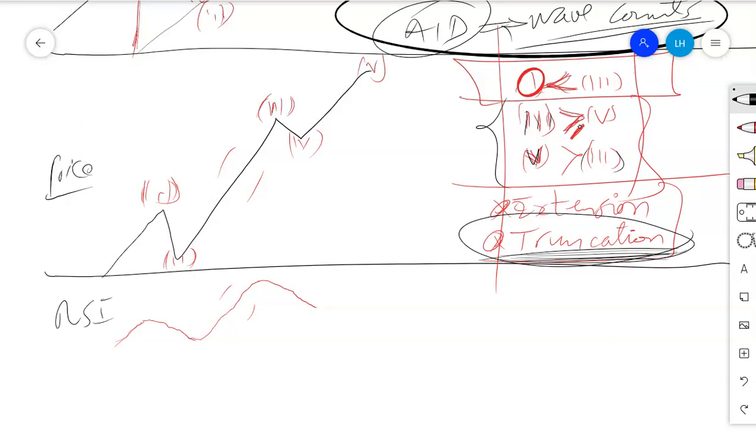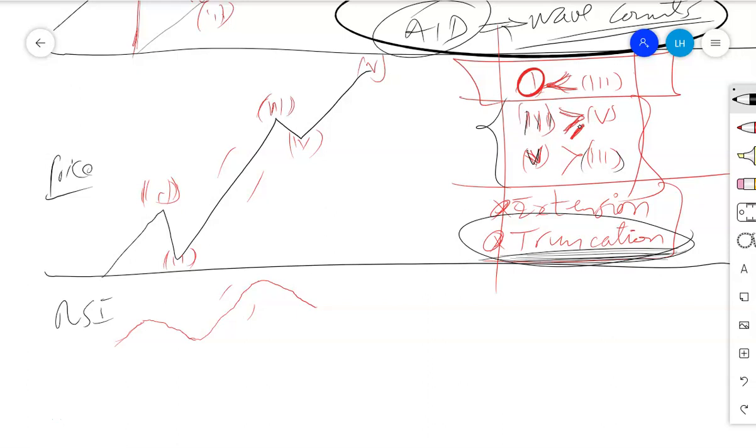Extension can occur in the first, third, or fifth wave, and the guideline is that not all of them can be extended; only one is usually extended. When extension occurs in the fifth wave, on the volume indicator you will find that the volume in the fifth wave is very high.